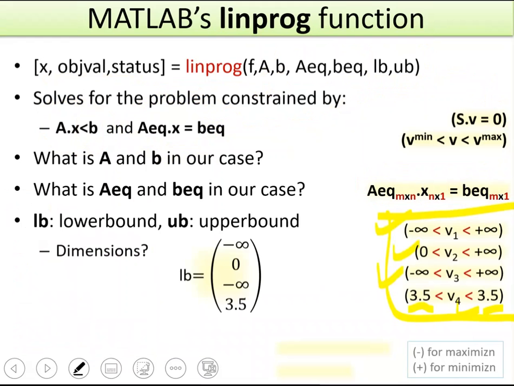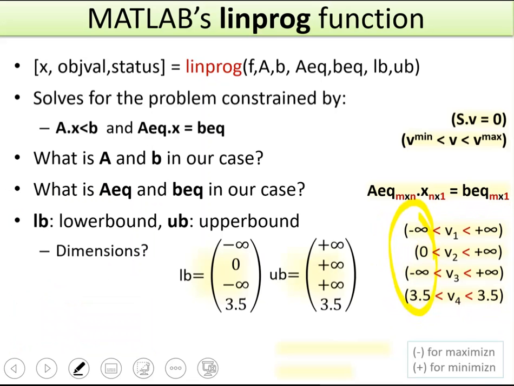In this case, our lower bound vector will be this part, and our upper bound vector will be this part. And so the dimension of the lower bound and upper bound vectors is the same as the dimension of the unknown vector, V.